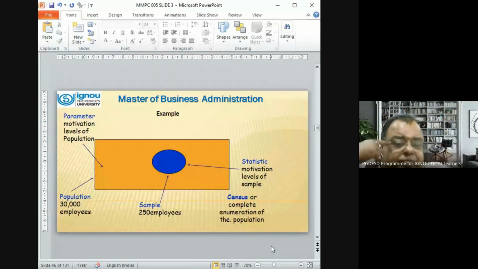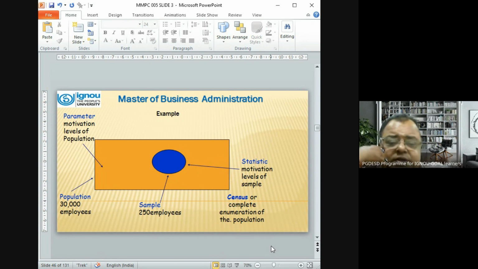Now see, you can see a rectangle over there and an oval shape at the center, which is blue in color. Your parameter is the motivation level of the population, the motivation level of the bank employees. Your population is the 30,000 employees of the bank.